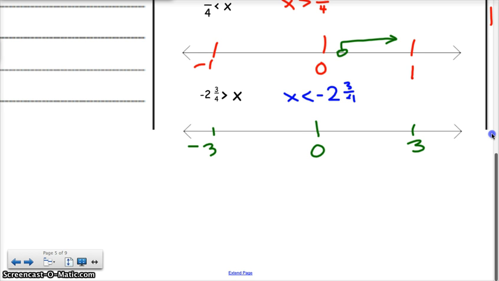So this is negative 2.75, right? So that's really close to negative 3. So I would make an open circle right around negative 3, less, so I'm going to the left. All right? So again, I just make an estimate. Which number is it closer to? And graph it from there.